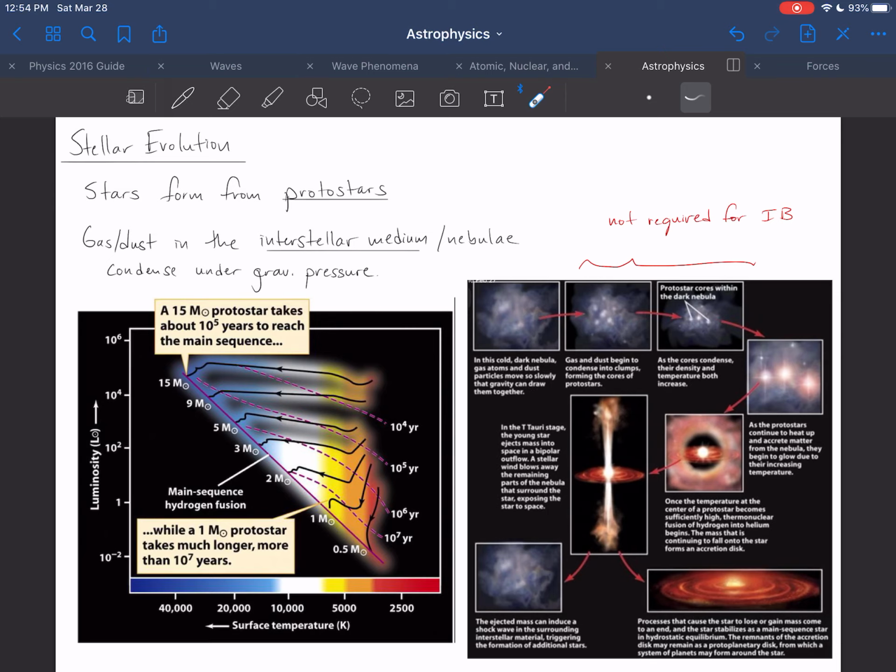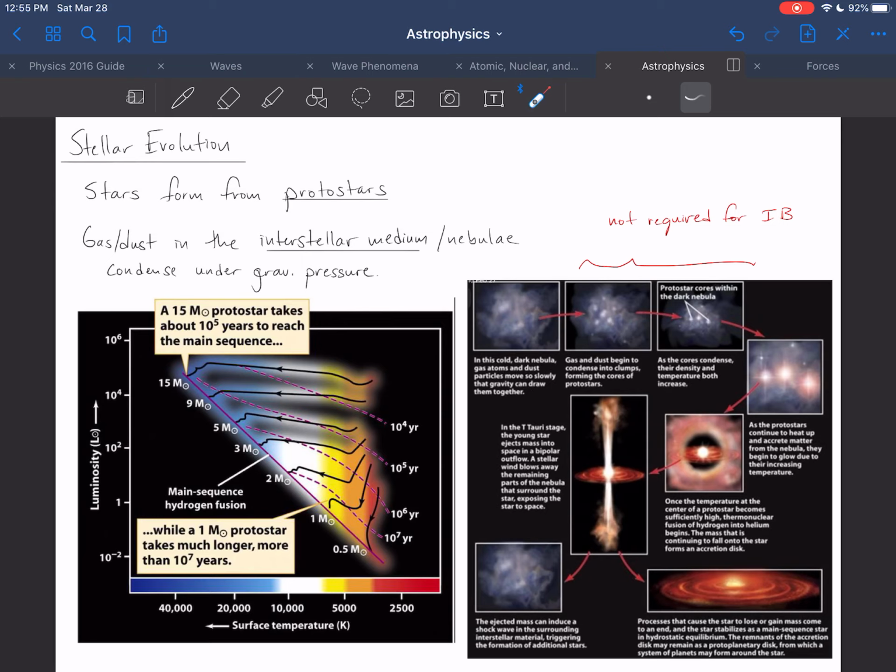Those clouds are either in the interstellar medium, so just generally the stuff between the stars, or from formal nebulae. Those are larger clouds of gas and dust, or perhaps more condensed clouds of gas and dust that form for a number of different reasons. And those clouds condense under gravitational pressure.